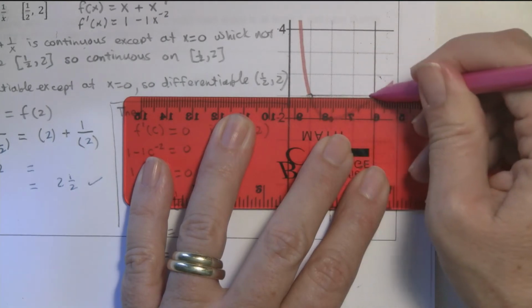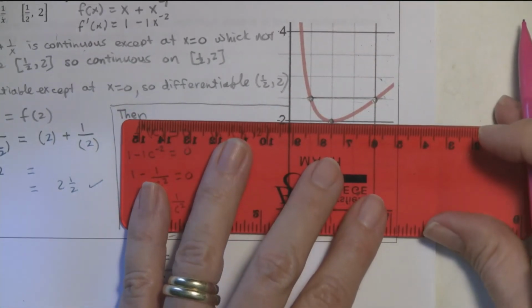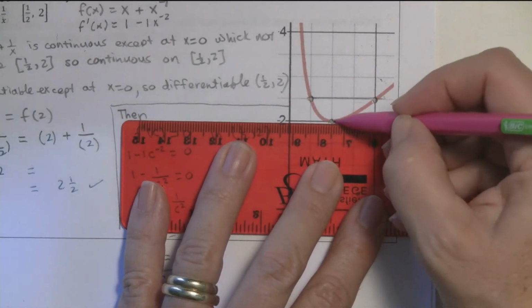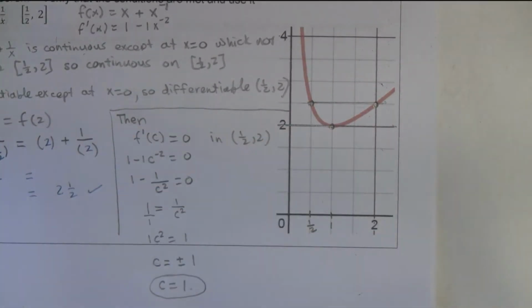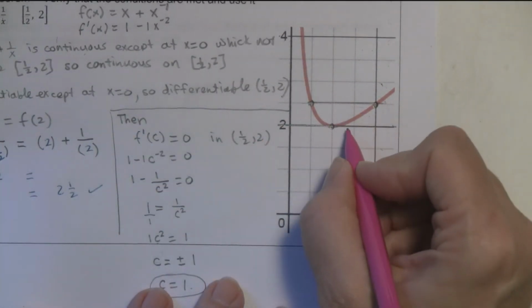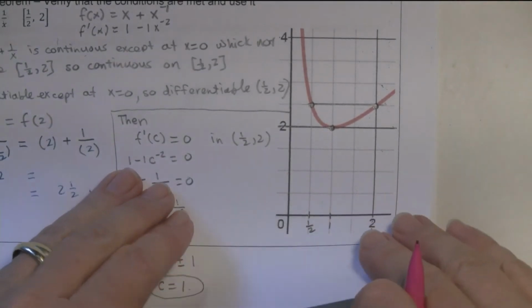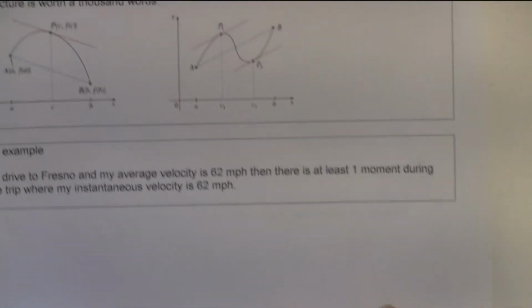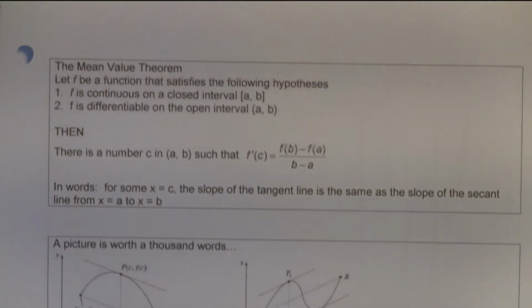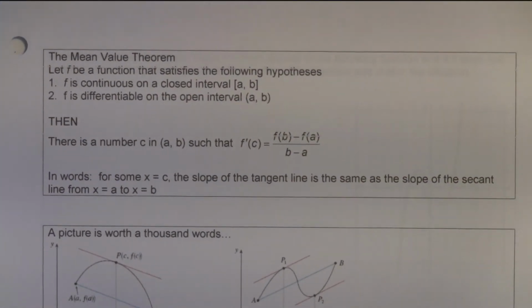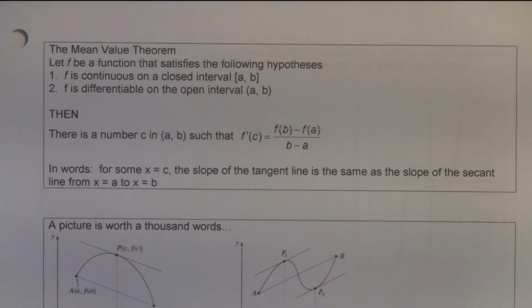And so there was my secant line, and here is my tangent line. They didn't ask me to draw it here, but if they had asked me to draw it, I could certainly draw it on there.